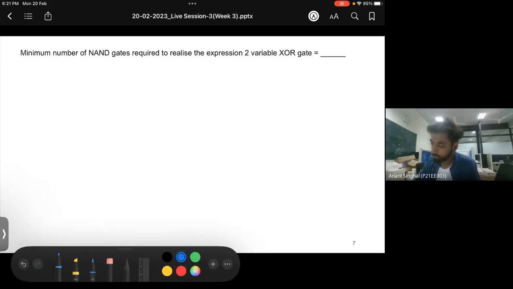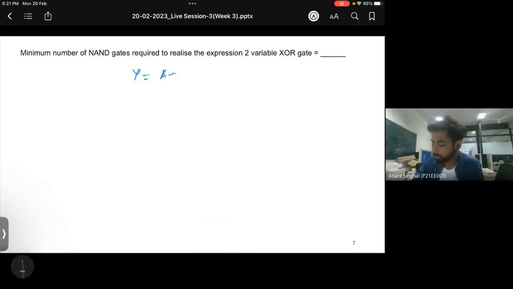It is again dependent on a similar concept. You need to make this A XOR B using NAND gates, and you need to tell the minimum number of NAND gates required.